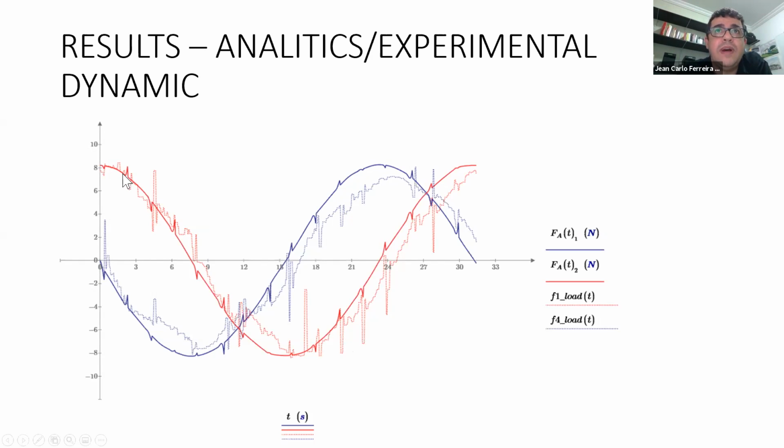Yeah, exactly. It is the impact of the backlash. I simulate the analytical result with backlash, but I don't show this formulation in the paper. In this graph, we have the backlash formulation, but I don't show this in the paper.